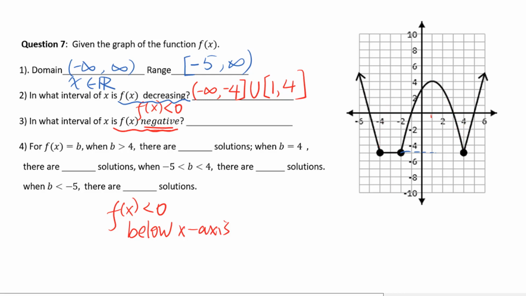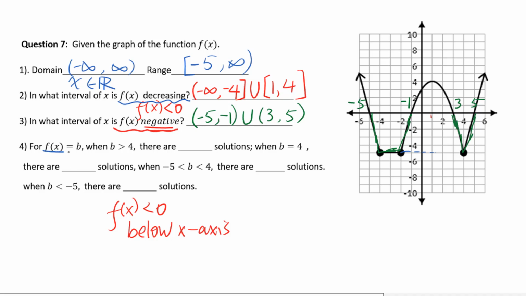Therefore, below the x-axis is from here to here, and also from here to here. So you have a -5. This is a -1, 3, and a 5. Remember, this is an open interval from -5 to -1, union with 3 to 5.